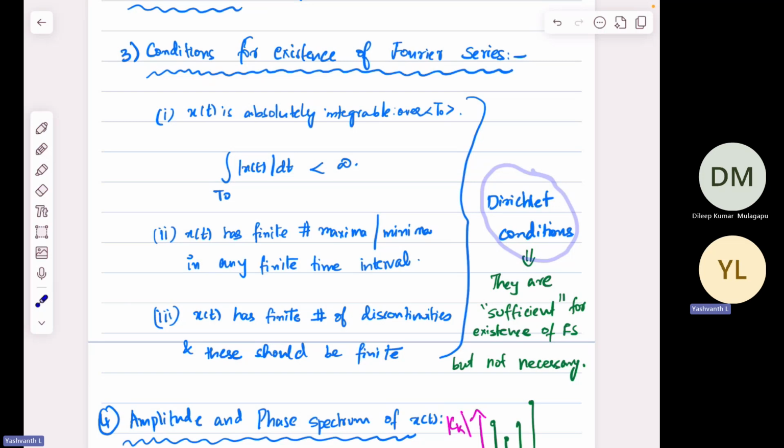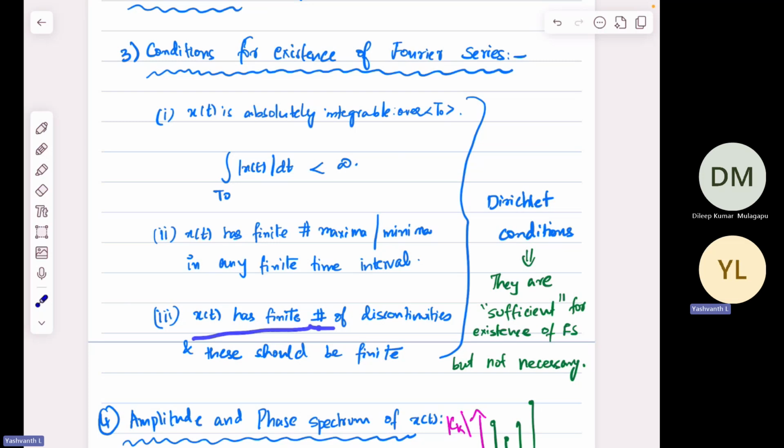The first condition says that the signal x of t should be absolutely integrable over a time period t naught. That is, if you integrate mod of x of t dt over a time period, it should be a finite number, less than infinity. Second, x of t has a finite number of maxima or minima in any finite time interval.